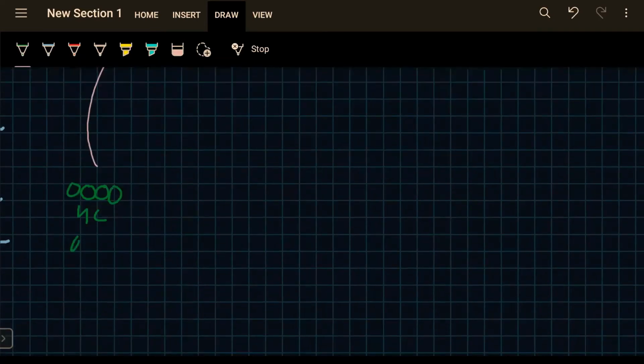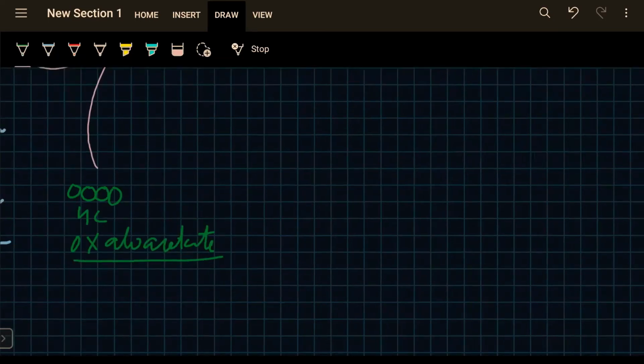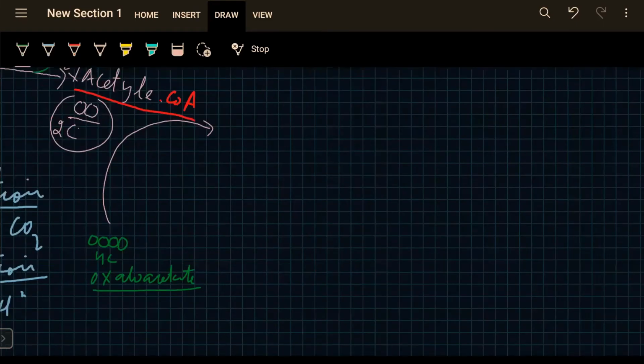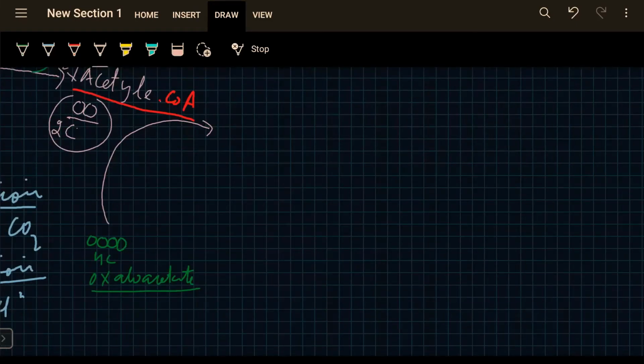Now, in the mitochondrial matrix, this 2-carbon acetyl coenzyme A reacts with a 4-carbon oxaloacetate. They react together and make a 6-carbon molecule, which has 4 carbons from oxaloacetate and 2 carbons from acetyl coenzyme A. The 6-carbon molecule is known as citrate.